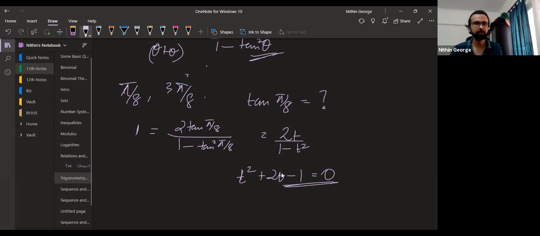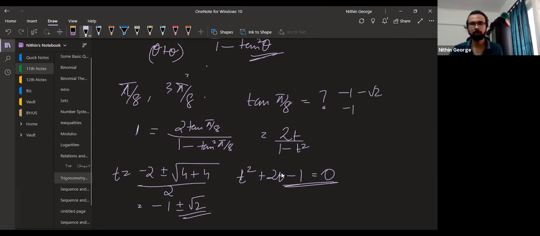I need to solve for this. t is equal to minus b plus or minus root of b square minus 4ac by 2a. Then this becomes minus 1 plus or minus root 2. Right? So our answer for tan pi by 8, is it minus 1 minus root 2 or minus 1 plus root 2? Which one is it?